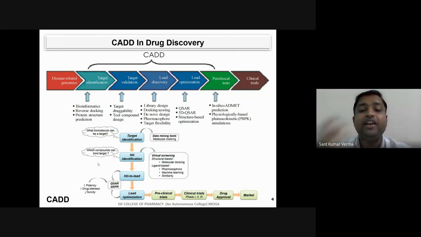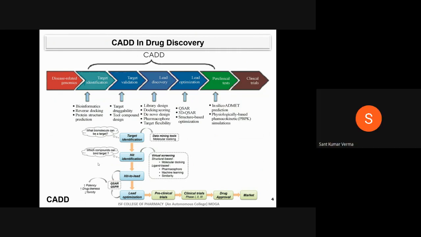So we can identify whether the particular target is flexible or rigid, and in flexible orientation, which conformer of the ligand binds optimally, and this is the best pose, the best conformation of that ligand. Next one is lead optimization.